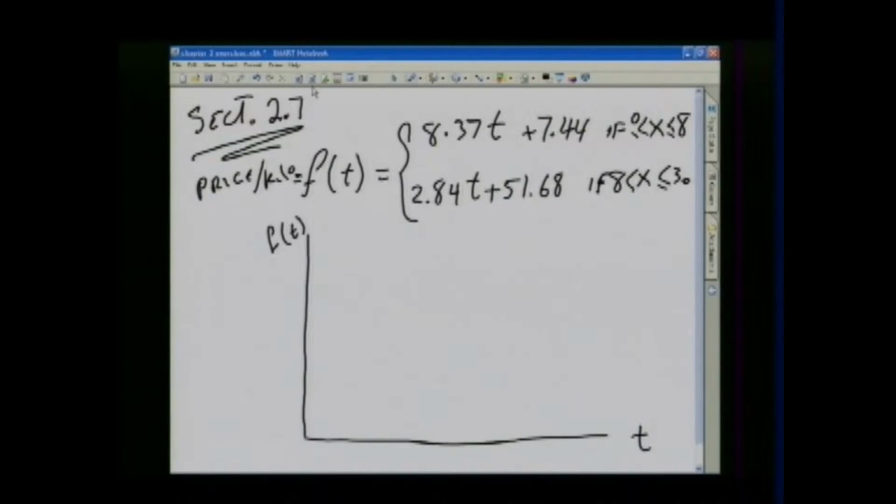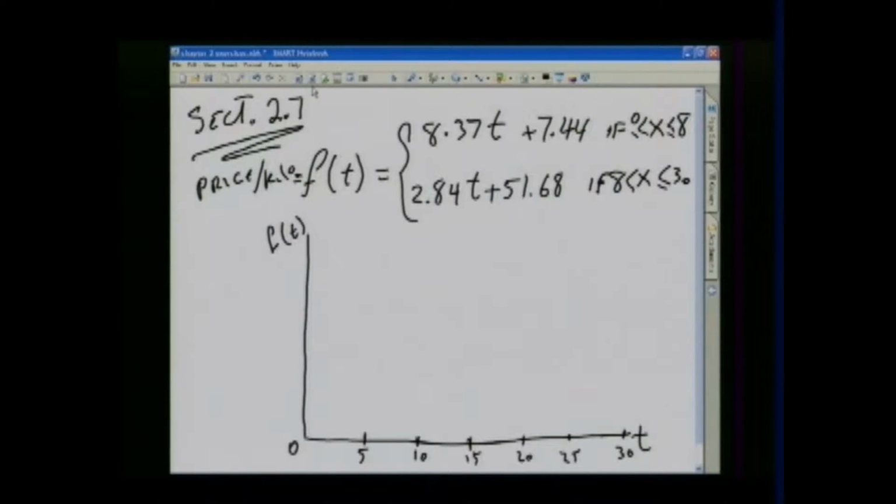Here you would start with 0. t has to go all the way to 30, so let's say here is 5 years, here is 10, here is 15, here is 20, 25, 30, and on.